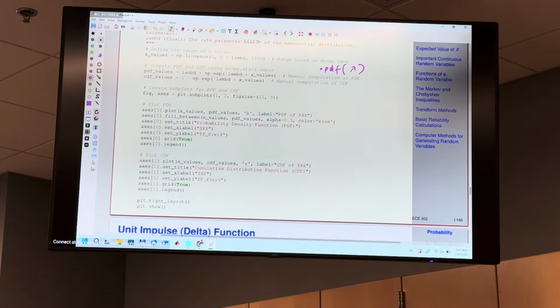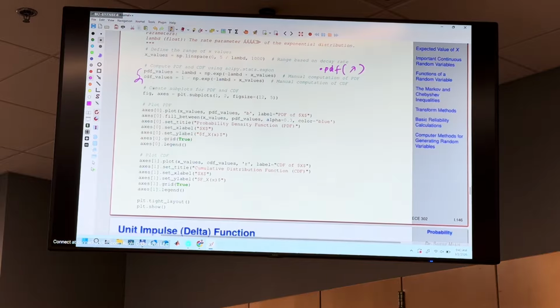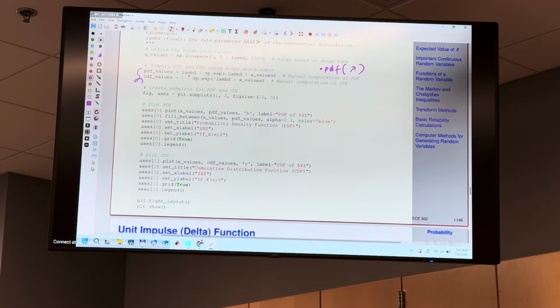Lambda is the only parameter. So you can use dot PDF and dot CDF, but here we use the exact expression of the PDF, a manual computation of the PDF, and the CDF value, which is 1 minus exponential.